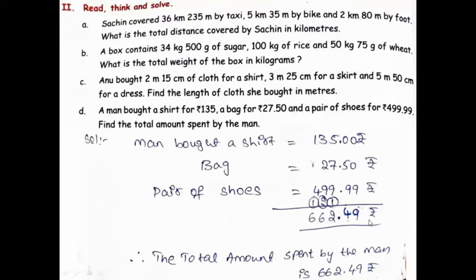How? We should put the decimal point after the 2 decimal places, that is 9, 4. Therefore, the total amount spent by the man is 662.49 rupees.